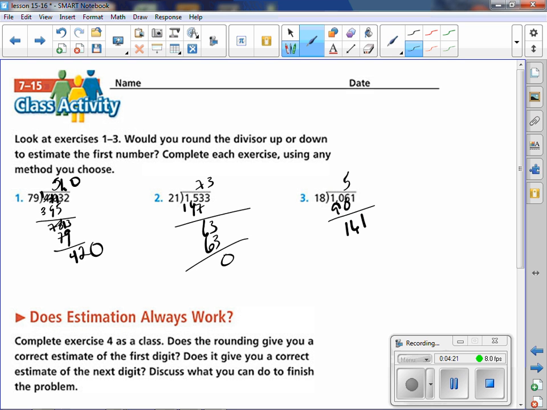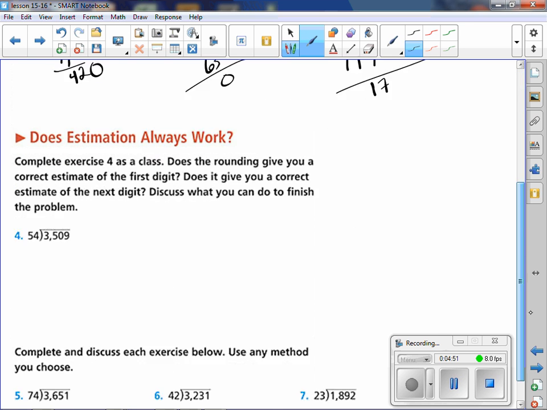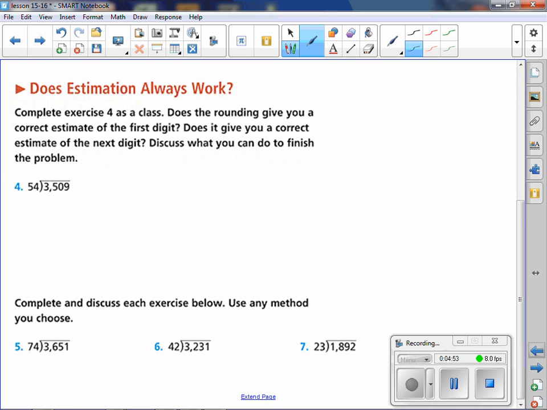Bring down that 1. 161 divided by 18 is 8. 8 times 18 is 144. 161 minus 144 is 17. So I have that 17 left over, so remainder 17. All right, so number 4.